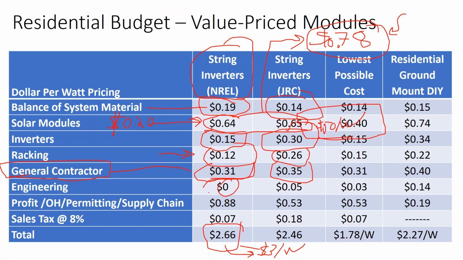NREL doesn't model any engineering costs to go into their residential project budgets. Generally speaking, the structural reviews are not required, and the 2-foot on center pine rafter with surface board rooftop is considered to be structurally sound for a solar array.